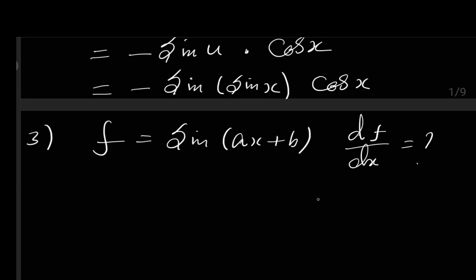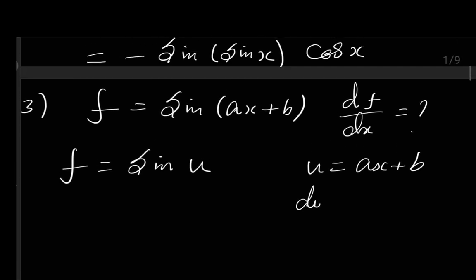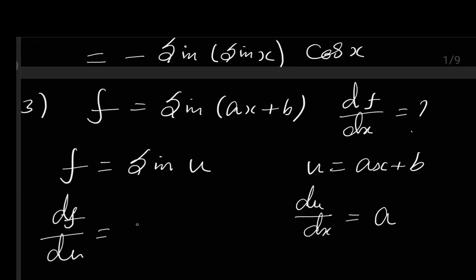So first I make the substitution, u as ax plus b, and f is sine of u. Differentiate u with respect to x, du by dx is equal to a. And f is a function of u, so df by du is equal to cos u.